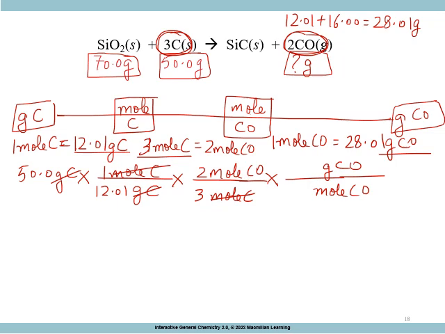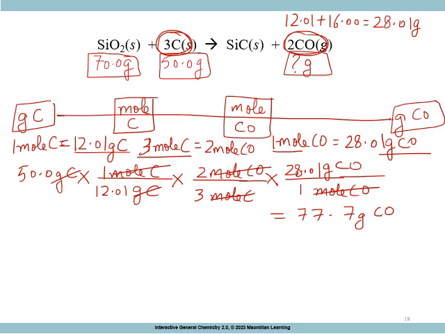How many? 1 mole of CO, 28.01 grams. Mole of CO gone. Left is grams of CO, which if you plug it into your calculator will give you 77.7 grams of CO. So you get 77.7 grams from 50 grams of carbon.